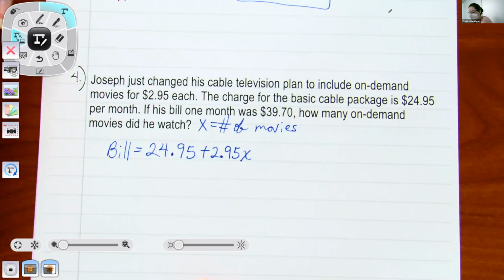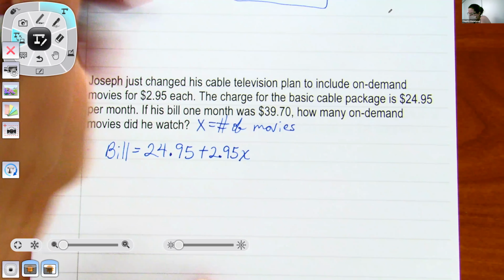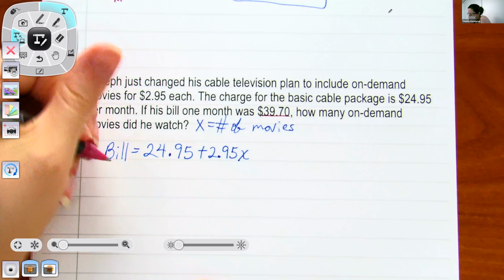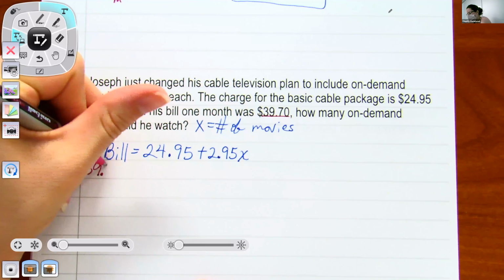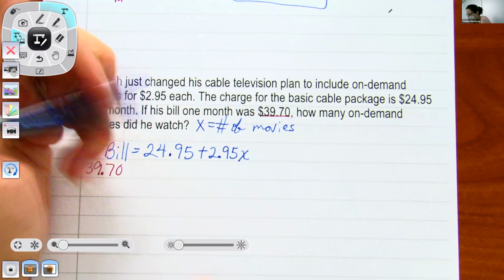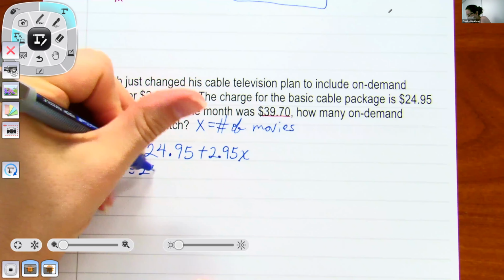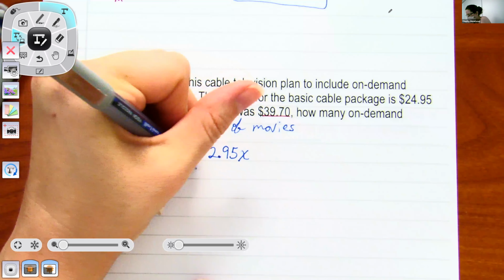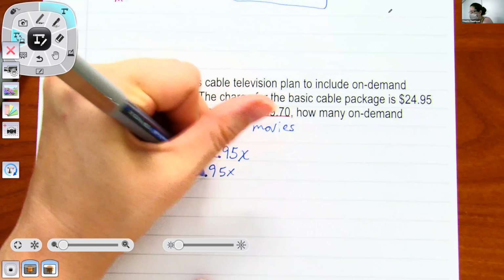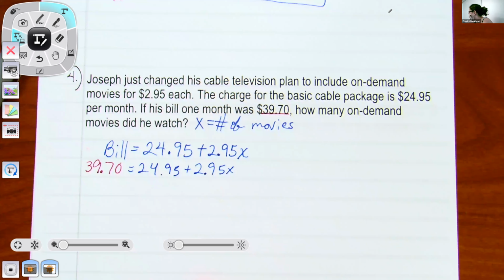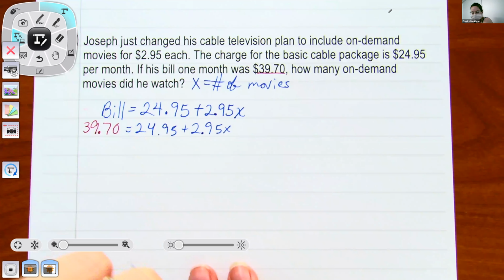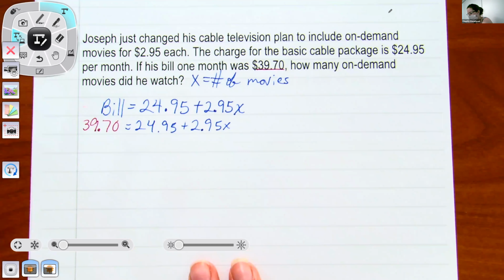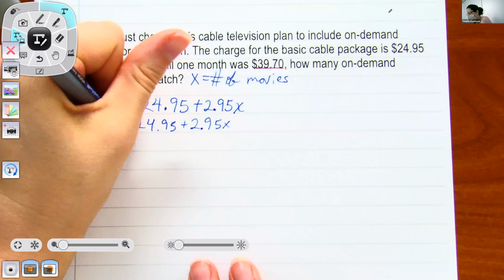Okay, and then they tell you that his total bill is $39.70. So $39.70 equals $24.95 plus $2.95X. And then we just need to solve that for X. So I'm going to subtract $24.95 from both sides.